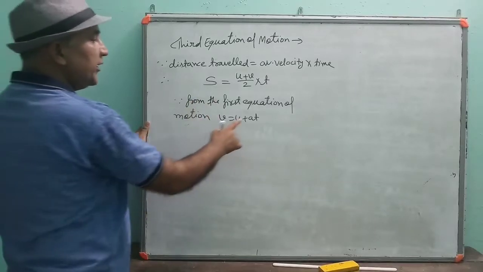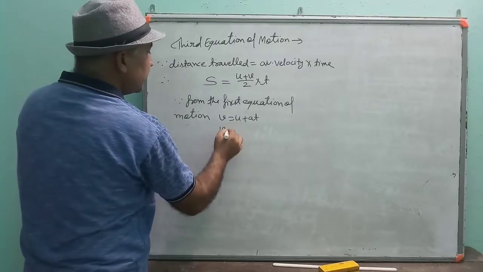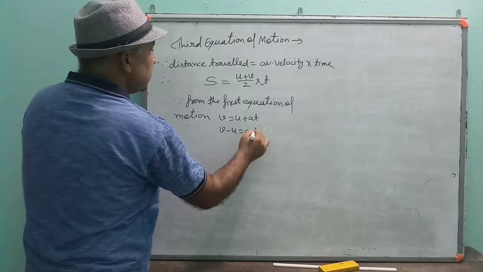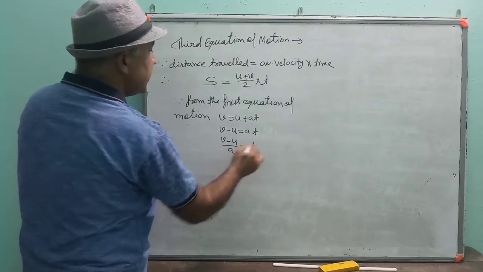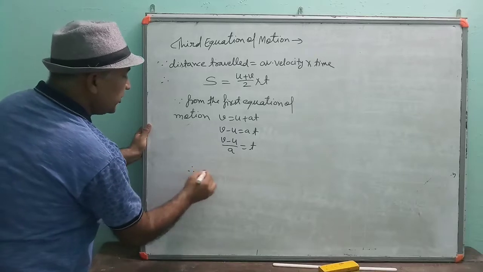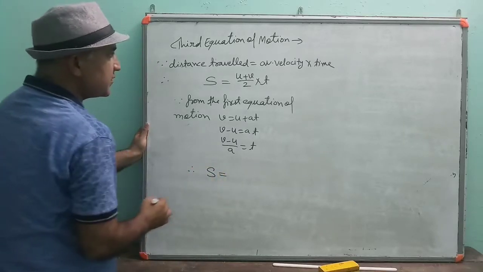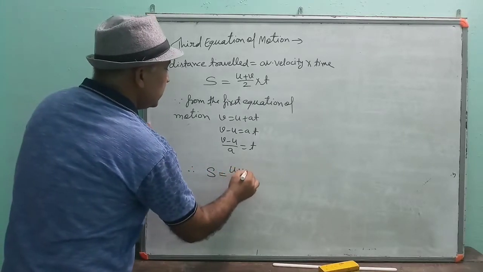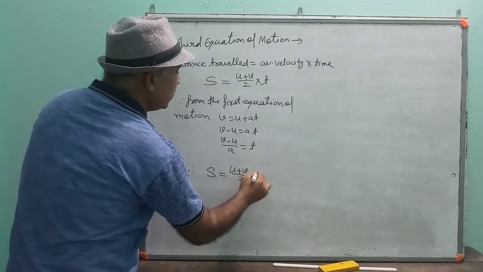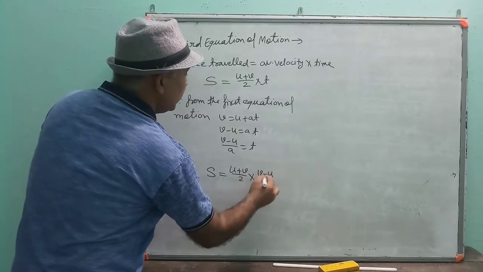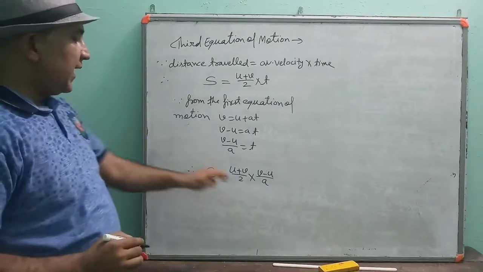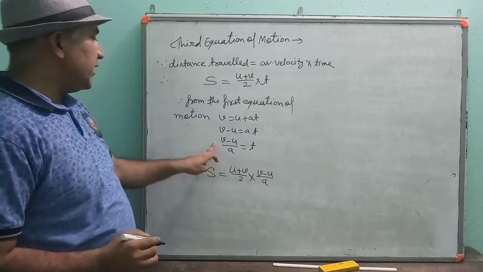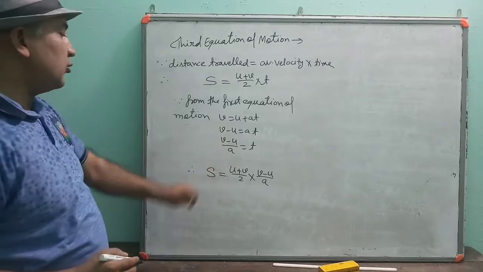From here, if we find the value of t, then see this, (v minus u) upon a is equal to t. Therefore what will be the distance? Distance will be (u plus v) by 2 into (v minus u) by a. Understood? At the place of time t, we have put this value (v minus u) upon a.